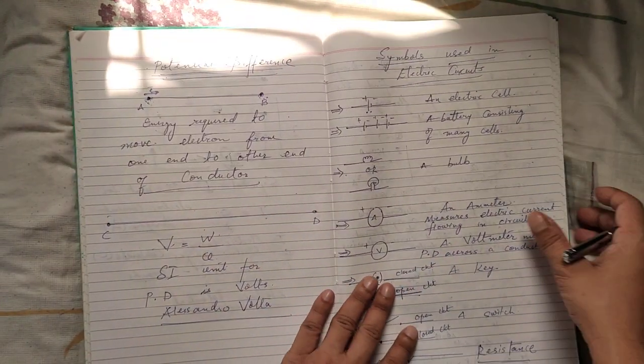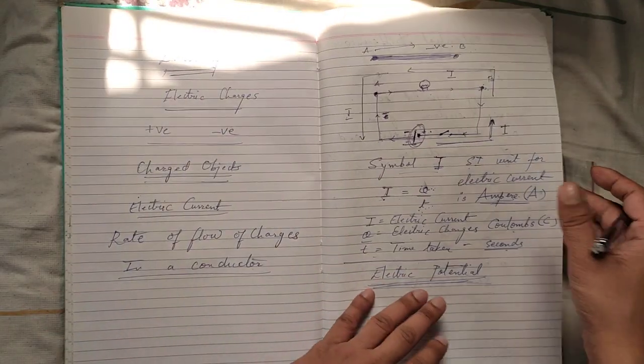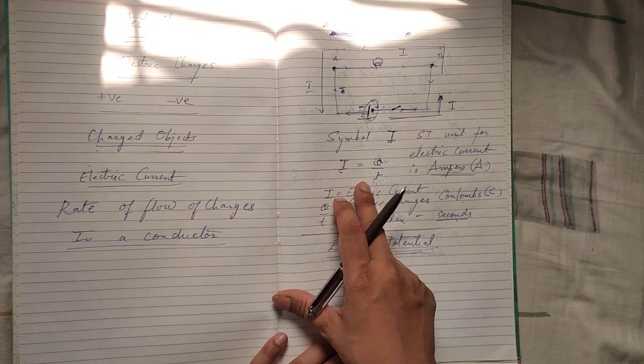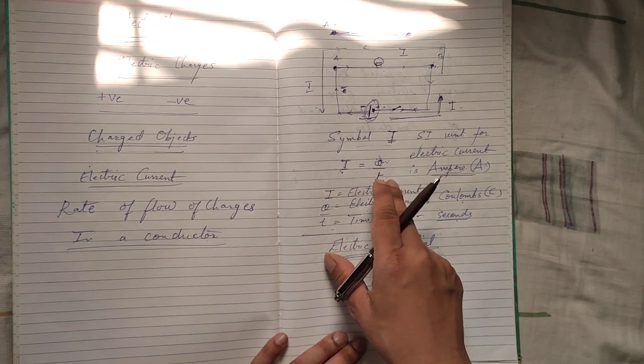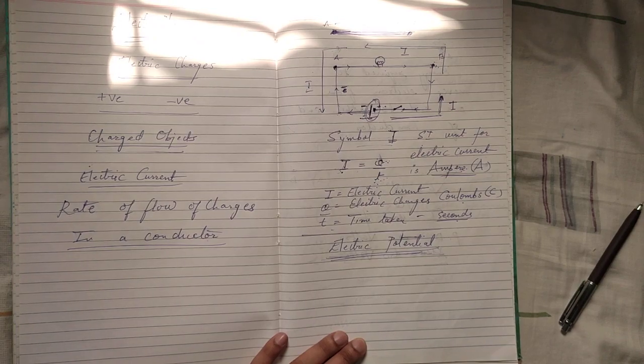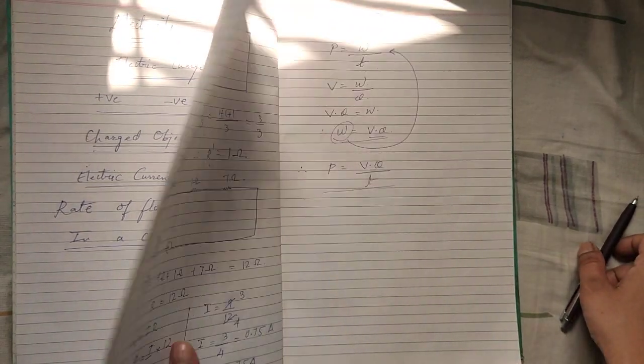If you remember, what was electric current? In the very beginning we studied electric current I is equal to Q upon T, that is the number of charges flowing in a circuit in a certain amount of time.